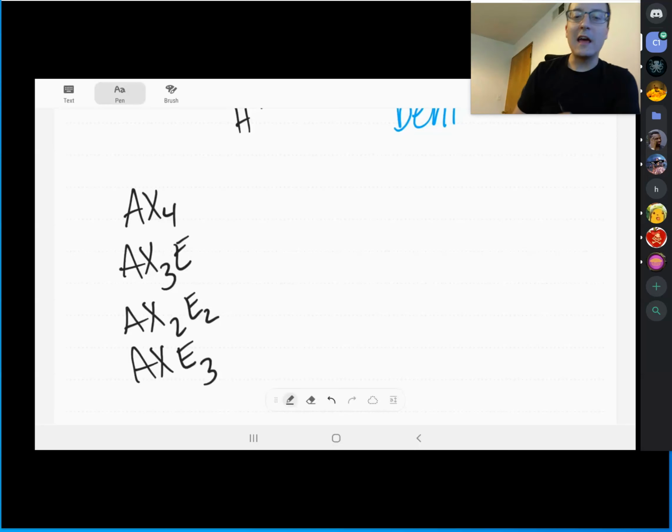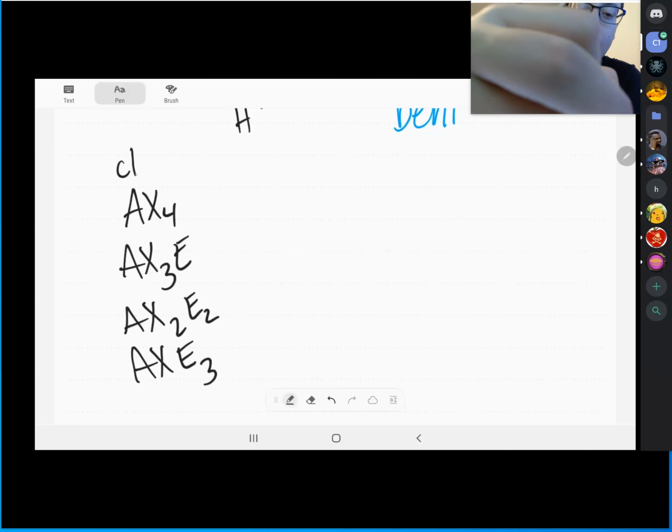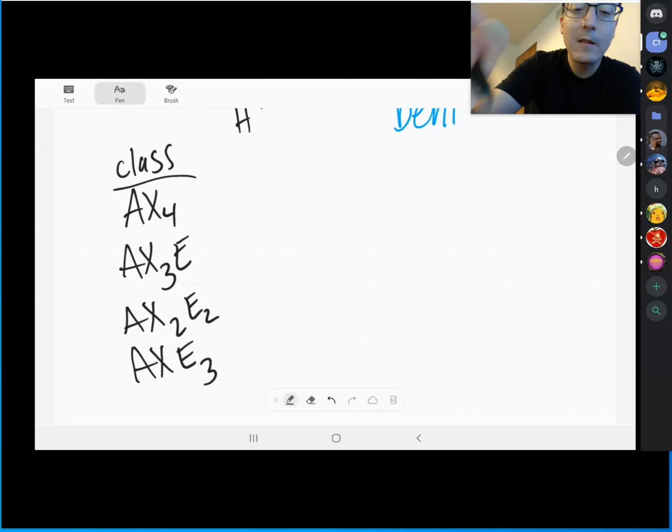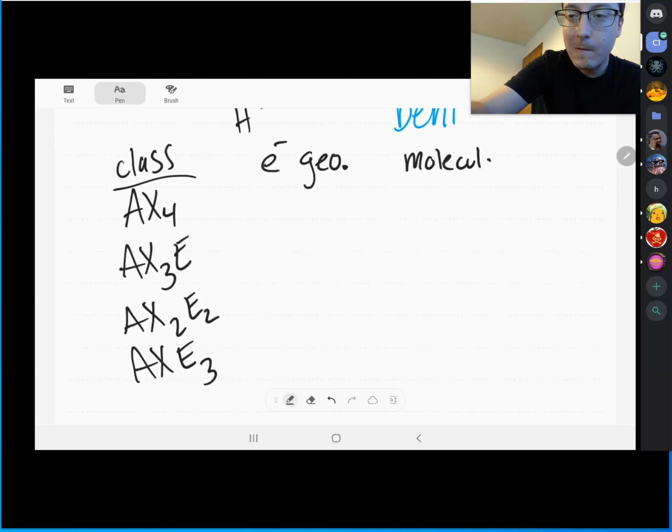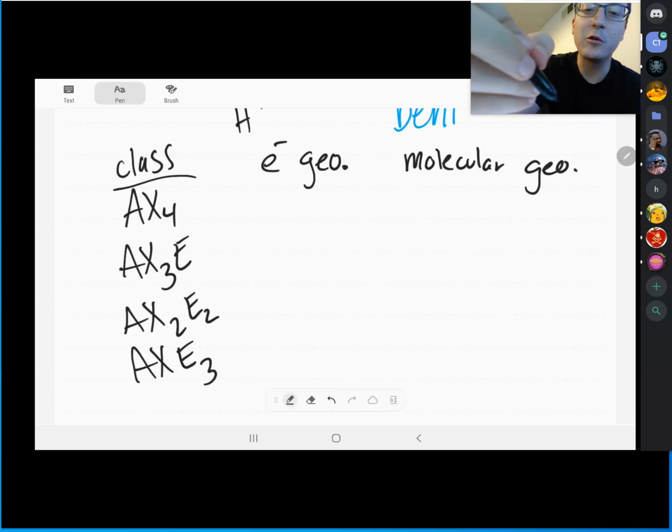What does X and E equal for all of these if we add up X's and E's together? They all add up to 4, right?